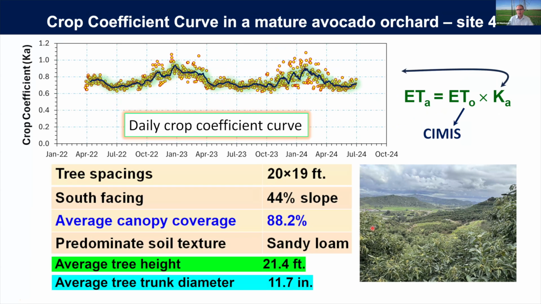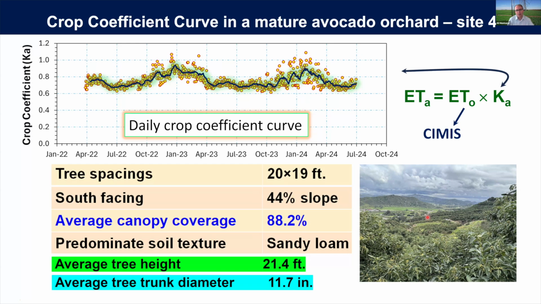So here I have the crop coefficient we developed for site 4. Site 4 has a tree spacing of 20 by 19 feet, south facing, 44% slope, and average canopy coverage of about 82. So you clearly see variations over time in this site.